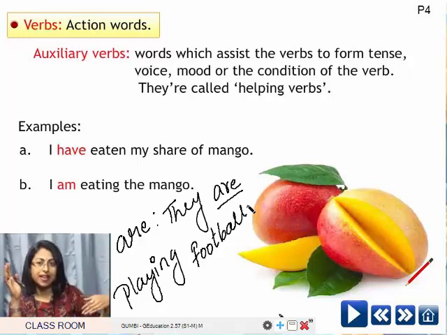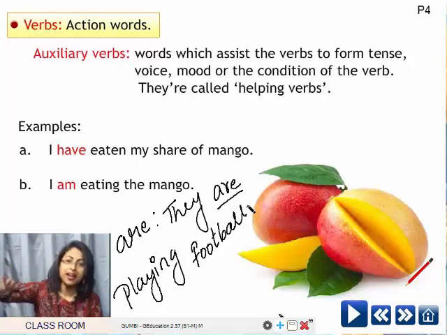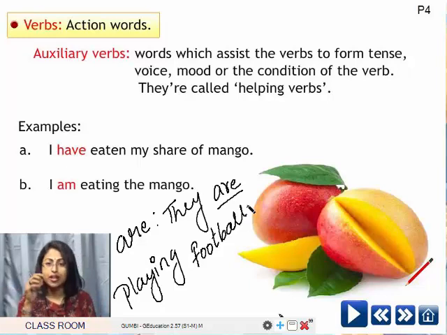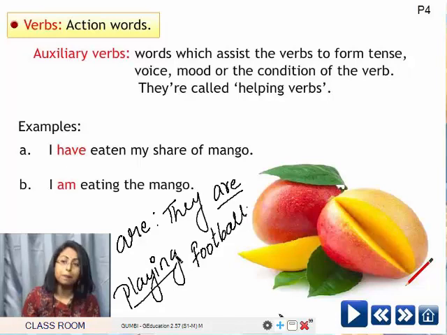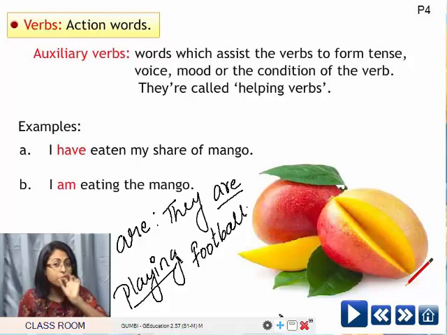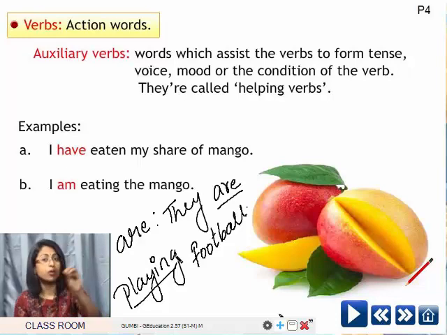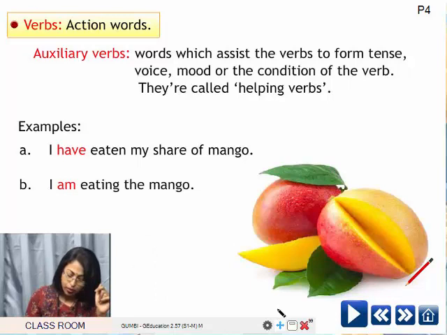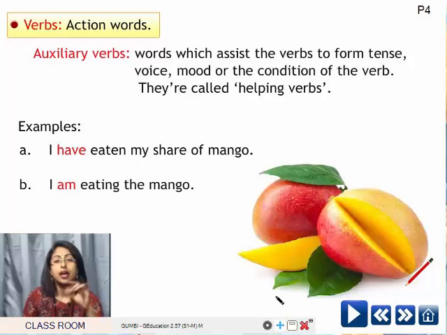They are my friends. They are my cattle. So they are playing football. So here play would be my verb. So what will I use? I will be using a helping verb to give more meaning to my verb. So I would say they are playing football. Clear, students? I'm sure you understand what I'm saying. Correct? Alright. Let me give you some more examples.